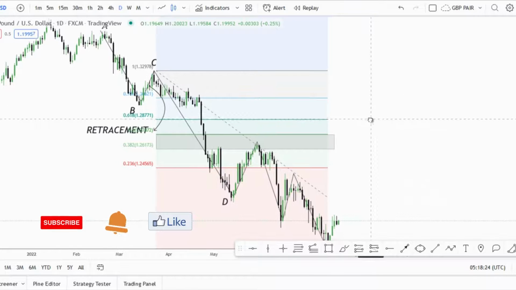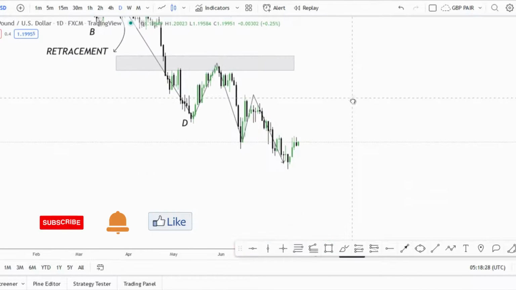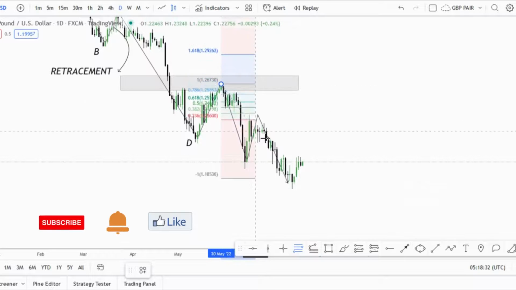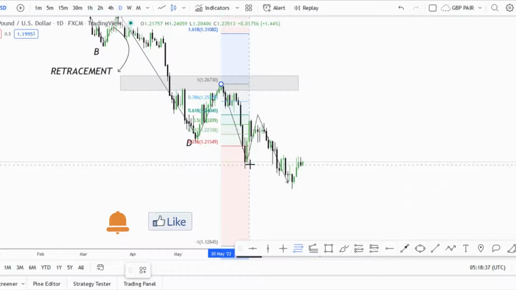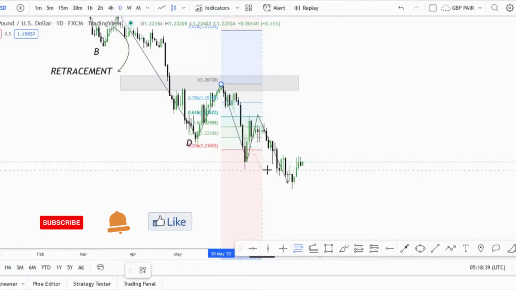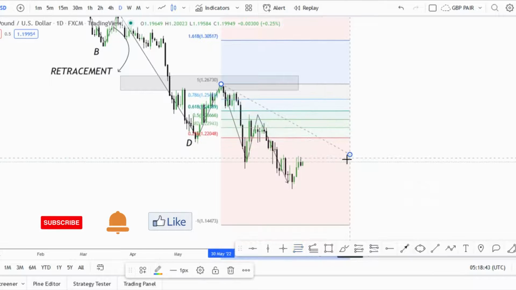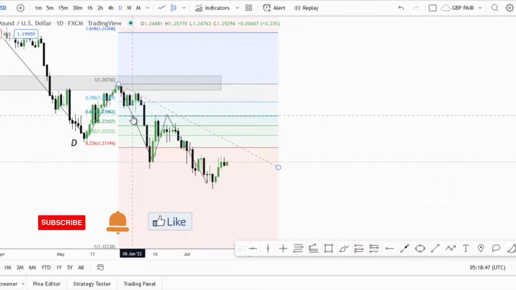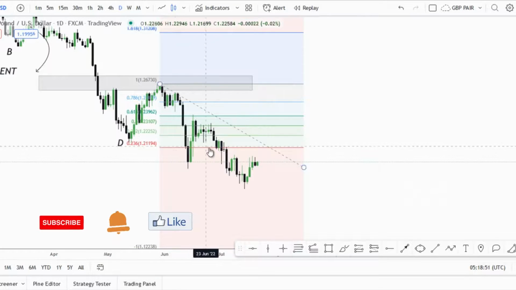So going forward, I'm going to take this out, and then I can pull another level from this impulse again, to the end of the impulse, which is here. Maybe I'll call it point F. Now this is what I want you to see. This was a recent trade for me, about two to three weeks ago.